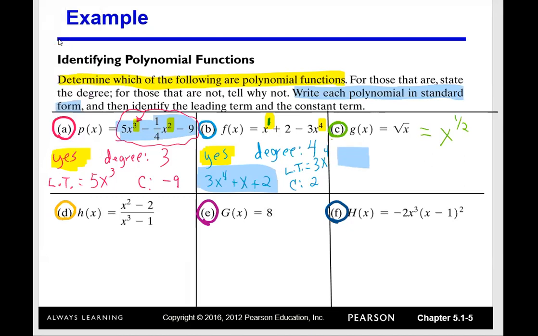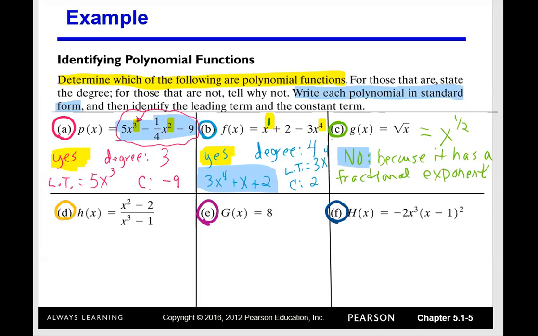So when I answer the question on this one, I would say no. And they said, for those that are not, tell why. Because it has a fractional exponent. And that's all I can do there because it's not a polynomial.